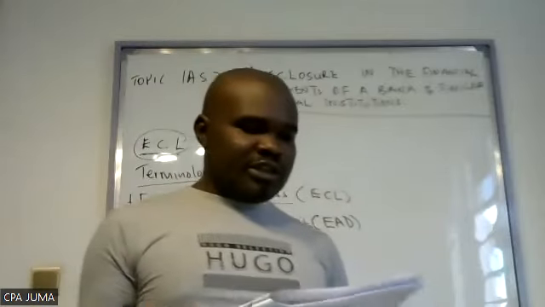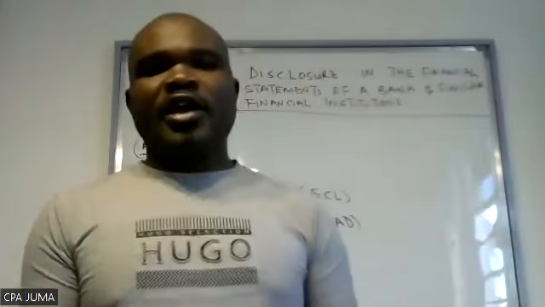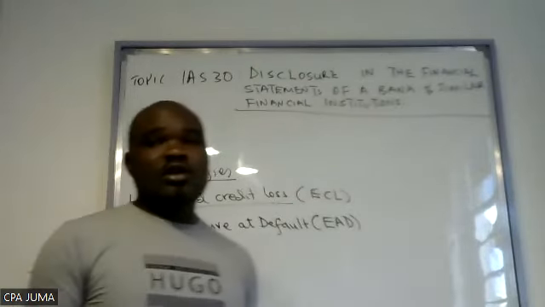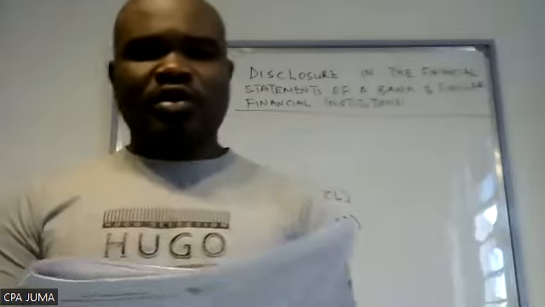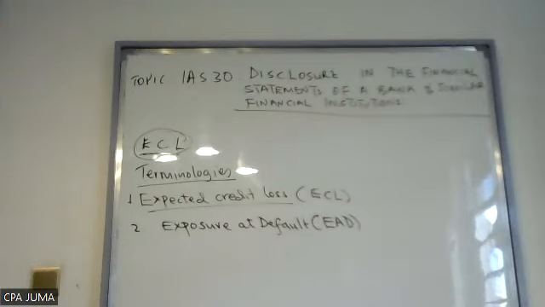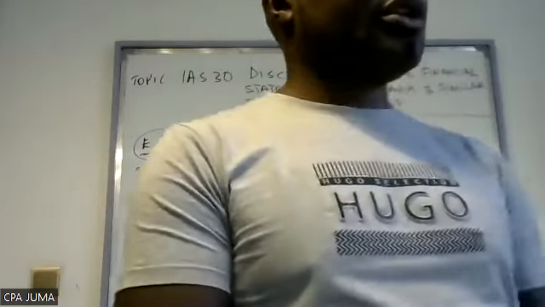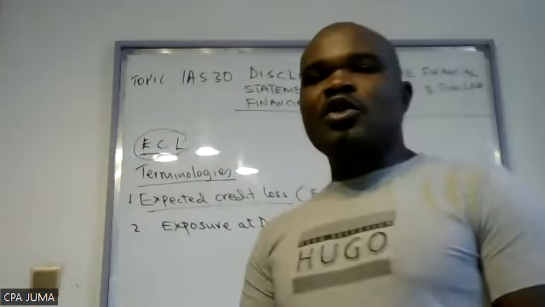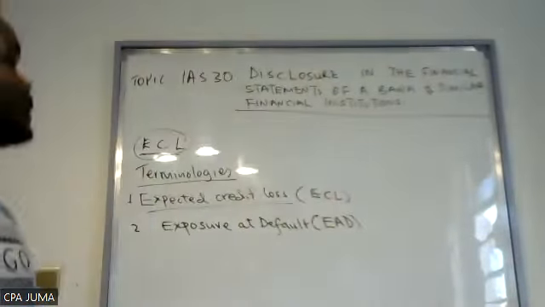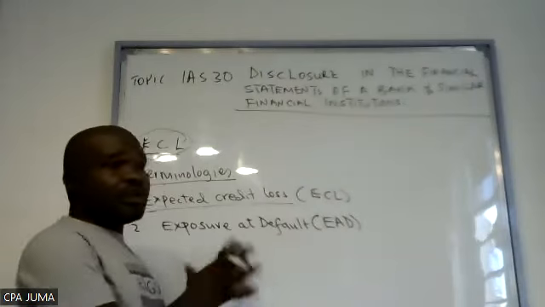Let's just bring those in simple English. Outstanding amount of loan at the time of default, i.e., is the amount exposed to the risk of default. Full stop.